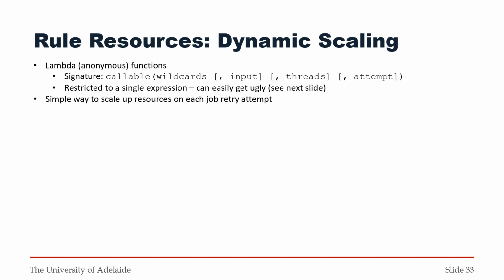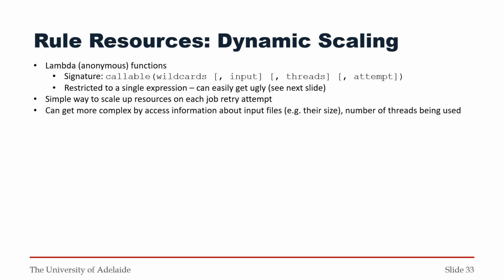It will do this two times, and the attempt number for a particular job is stored in this variable attempt. And what we can do is use that to scale up the resources. For instance, if a job potentially fails because the time or the memory allocation isn't high enough, we can use this attempt and this lambda function to dynamically scale these resources.